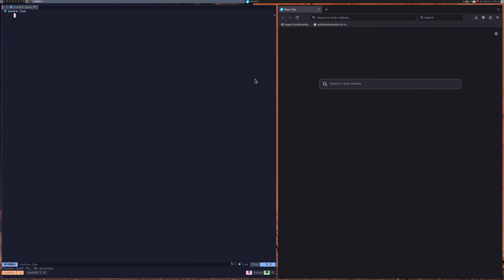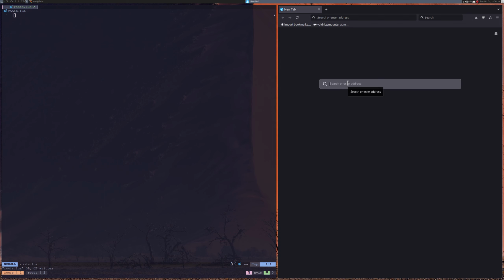Now, first things first, you gotta figure out how to do I/O in Lua. So, take user input in Lua.